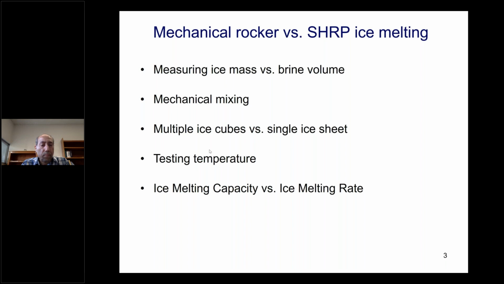Also, in the mechanical rocker test, we measure the ice melting capacity, compared to SHRP, where we measure the ice melting rate, actually.